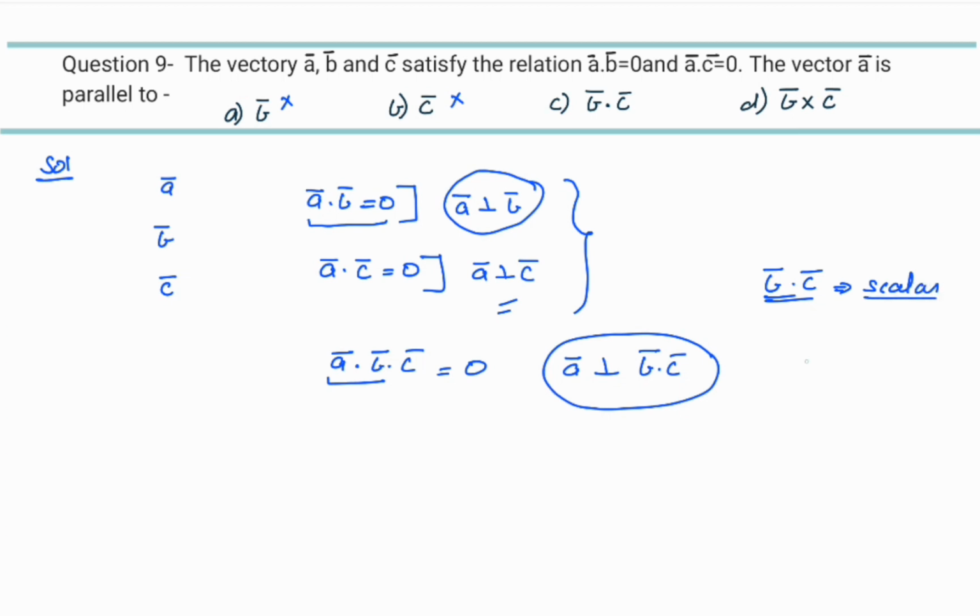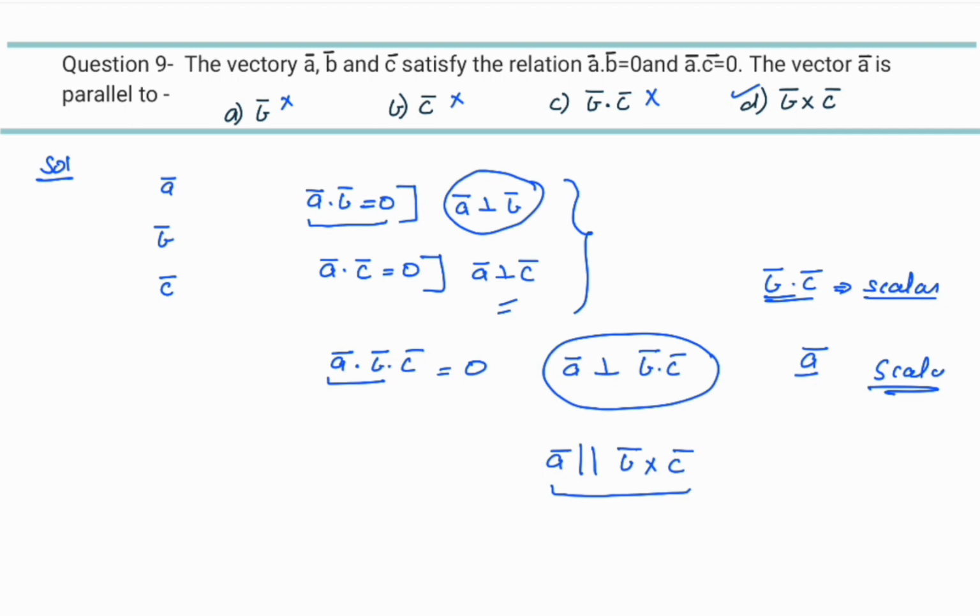How will we compare the vector and the scalar, whether they are parallel or perpendicular? It's not possible. That's why this option is also not possible. It means the right option is D. Vector A is parallel to vector B cross vector C.